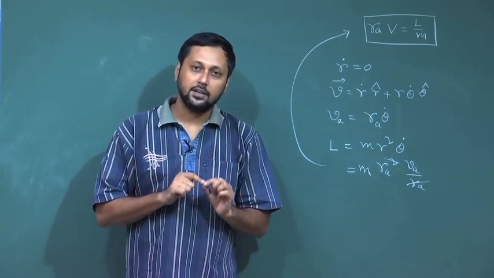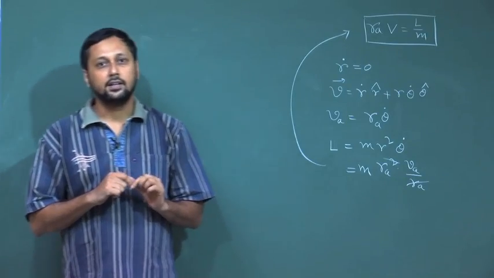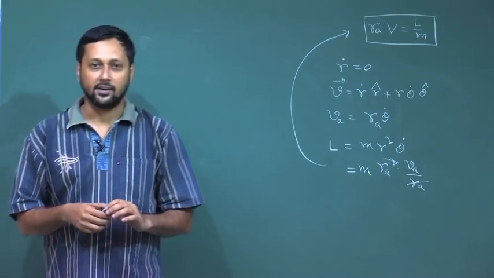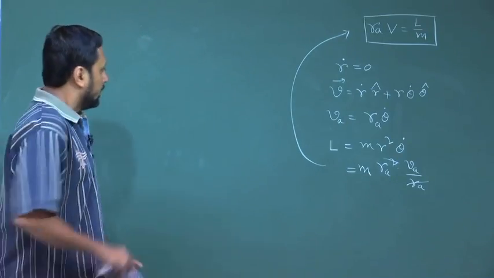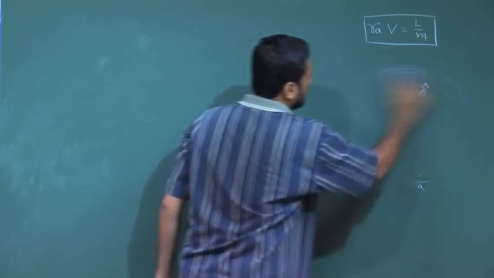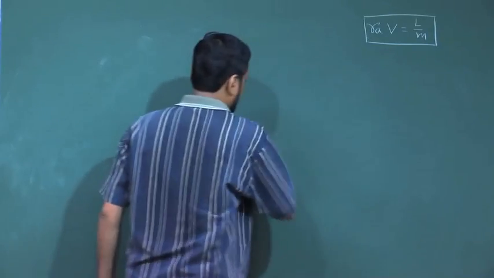That essentially means that at an apsidal point theta is equal to 0 or pi or any other symmetric angle, right. Now, with this background, let us move on to do some problems.